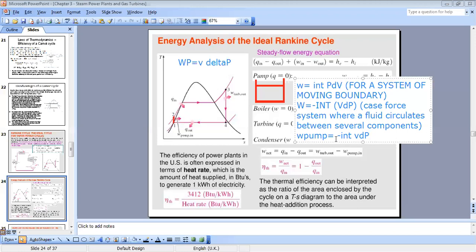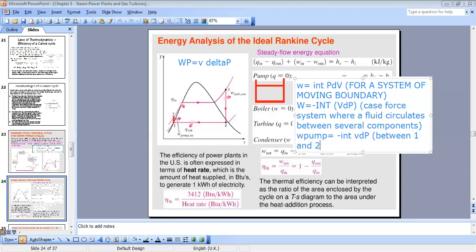If I increase a lot the variation of temperature, then it might vary. But for the pump here, for the pumping work, we can consider that the variation of the specific volume is very small because it's a liquid, and as you can see here, the range of temperature variation is not very high. So we can say that we will integrate between which points? 1 and 2. Between 1 and 2.